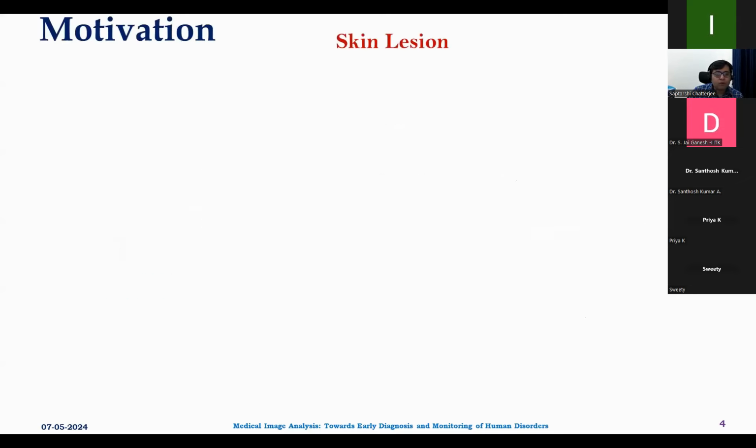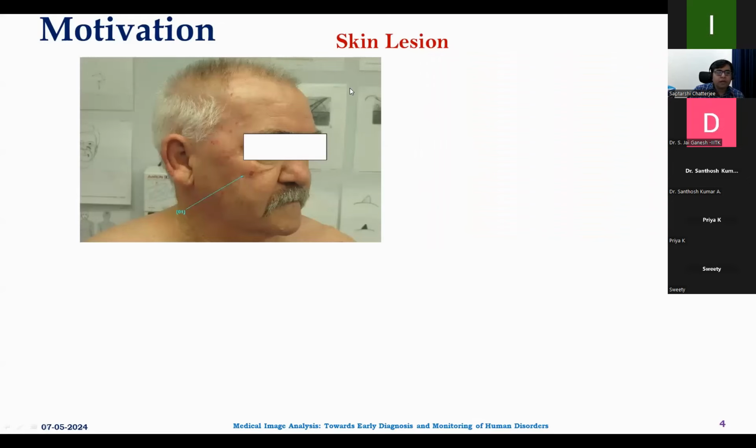So as I have told, let us consider an example of a skin lesion. Okay, so what happens, see, this person has a lesion here, and this is basically a very high definition digital image, a digital camera has been used, and from that camera, that particular lesion can be observed by the physician or the doctors, right?